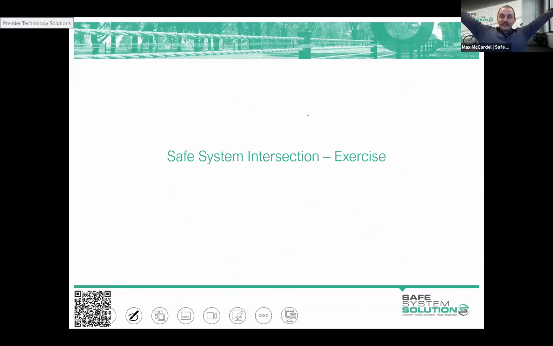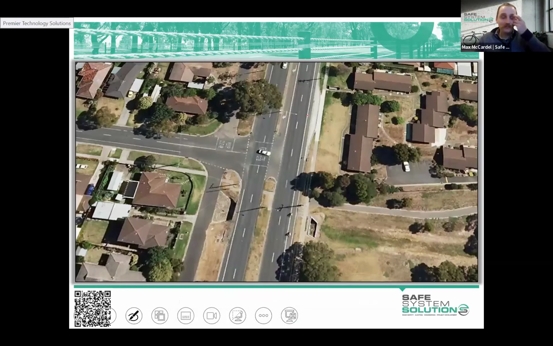We'll do a little exercise about intersections, just so we're all speaking the same lingo, and we can have a bit of a go at working through a real example of an intersection. So putting on that intersection, impact, speed, and angle hat, and going through that information we've just covered.